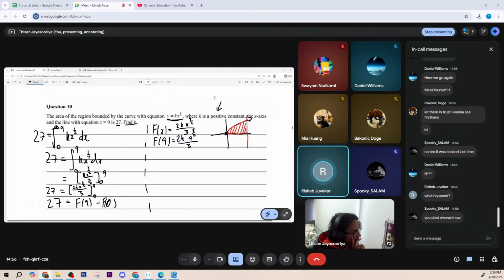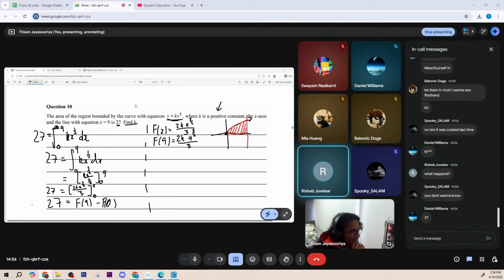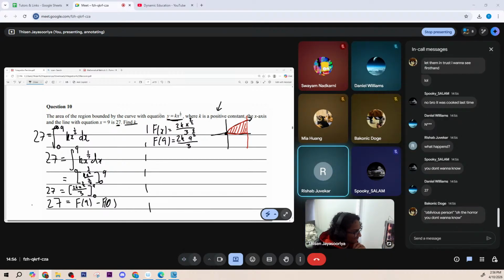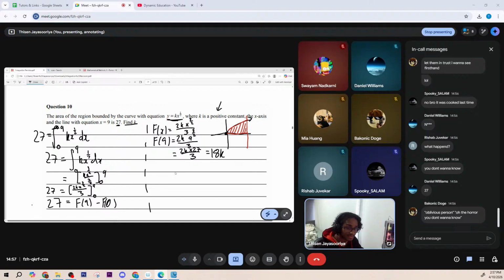Root 9 to the power of 3. What's root 9? 3. So 27. Yeah, that's what I was looking for. So it's 2k times 27 over 3, which, if we cancel the 27 and 3, we're just left with 18k. So we get 18k over here.